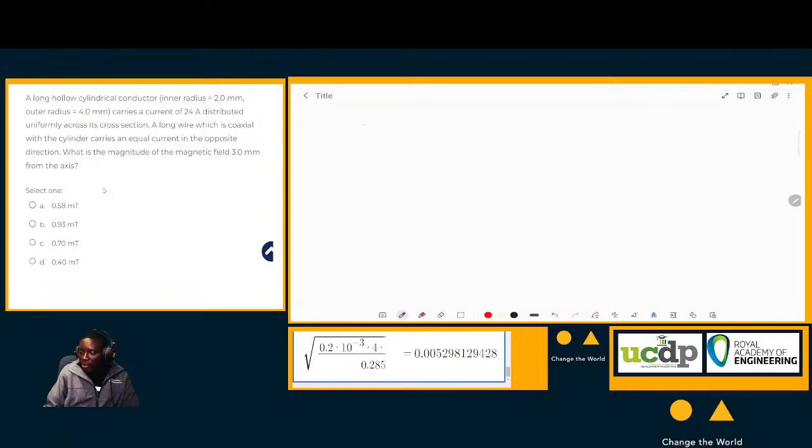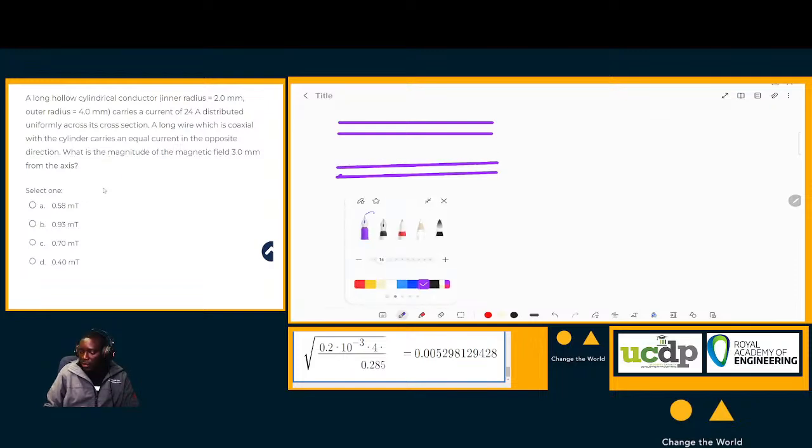So if I draw a cross section of this scenario, we would have something almost similar to this. Then we also have inside it a wire like that, and the current flows in this wire, 24 amps, an equal current.